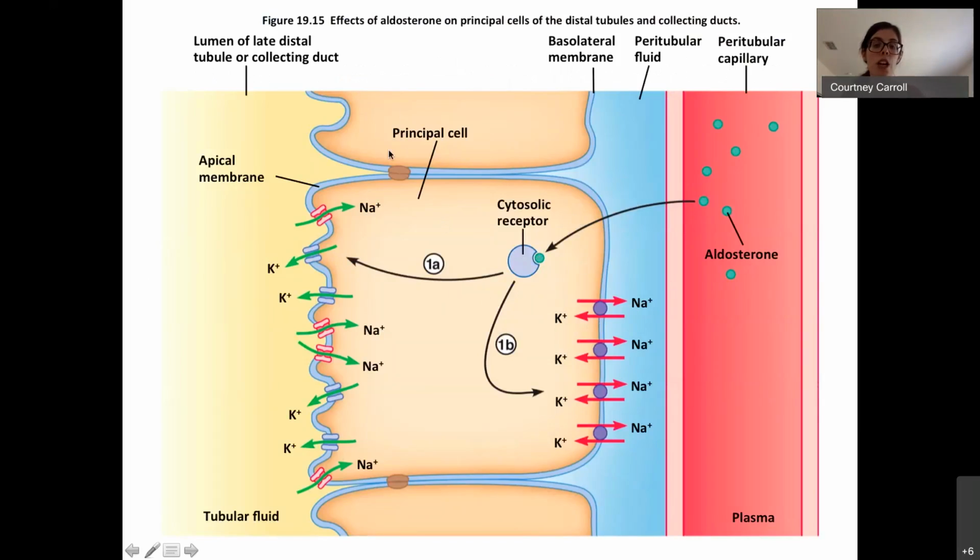It's also going to make more channels so that when we create these gradients, those ions can flow. If there's not a lot of sodium inside the epithelial cell, we want extra channels so more sodium can flow from the filtrate down its gradient into the epithelial cell, where it will quickly be pumped into the interstitial, peritubular fluid and go into the blood.